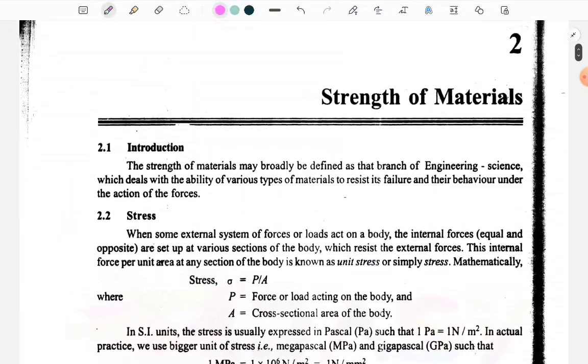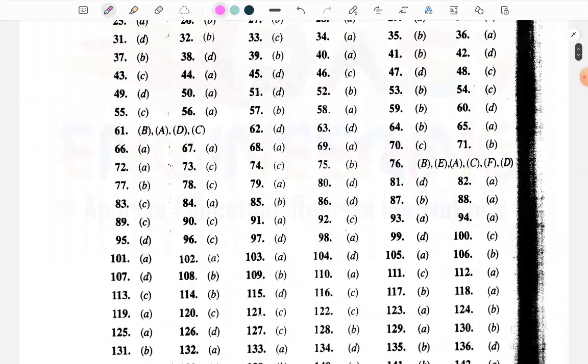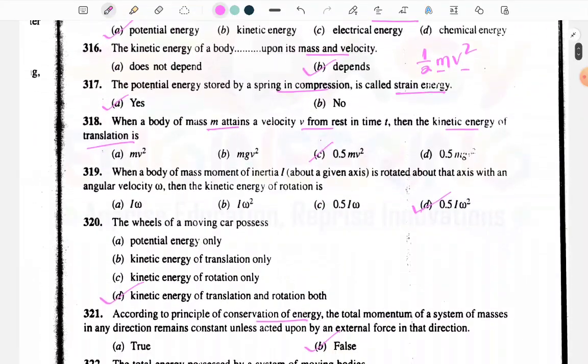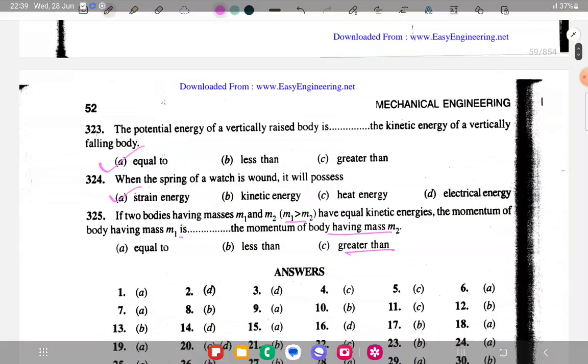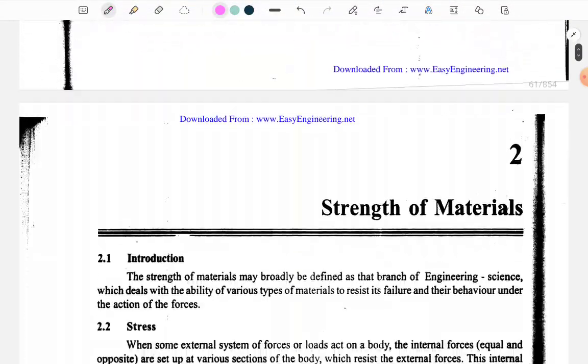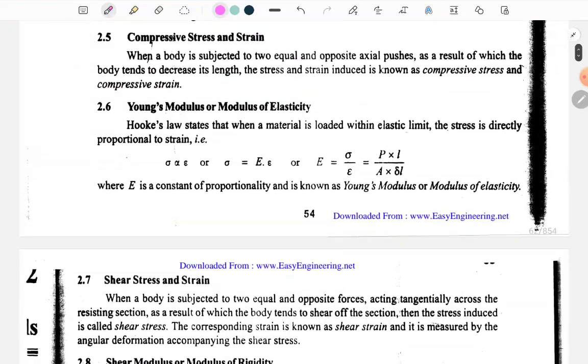In these two videos we finished RS Khurmi engineering mechanics, all 325 questions. Okay, like this I will finish the remaining subjects. In the next video I am going to finish strength of materials, in two parts again.